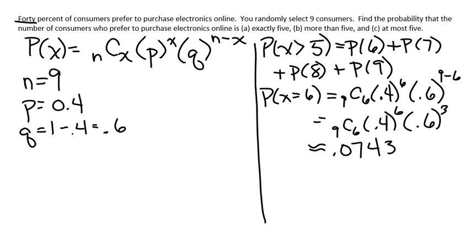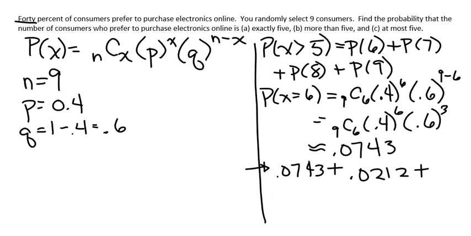Now I'm going to do this with each of my numbers, x equals 7, 8, and 9, using that same ability to enter the entire expression into my calculator all at once. For x equals 7, I find 0.0212.